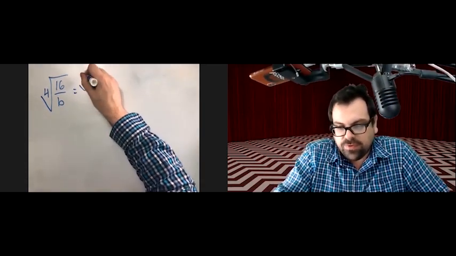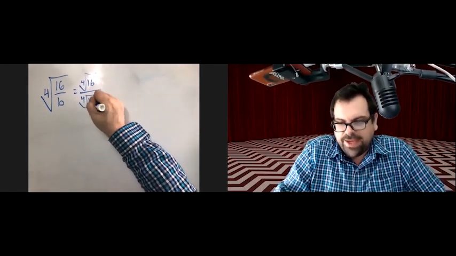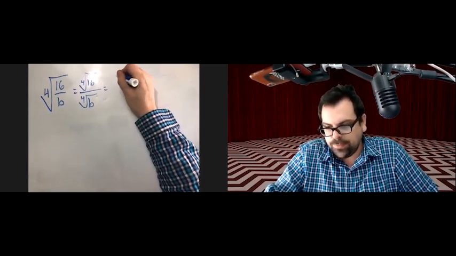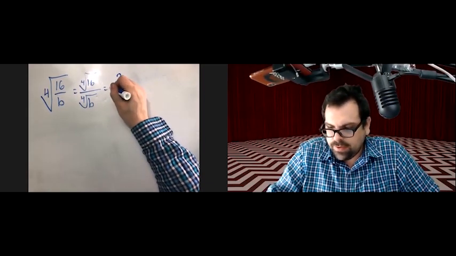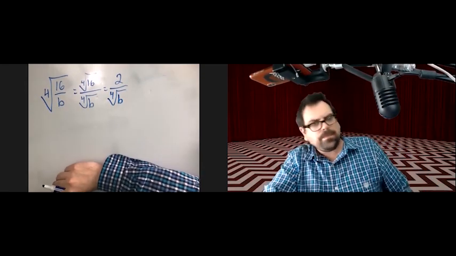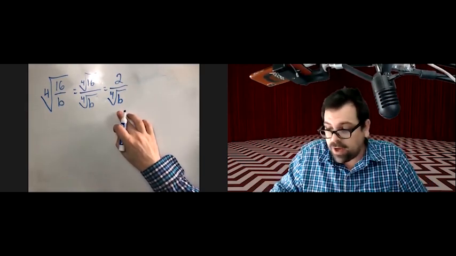Which would be the 4th root of 16 over the 4th root of b. And the 4th root of 16 is 2. We need to rationalize to get rid of the 4th root of b on the bottom.